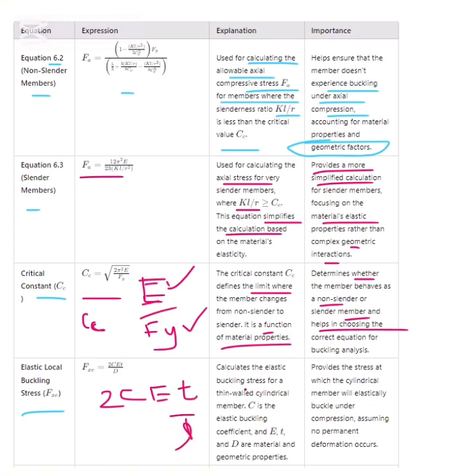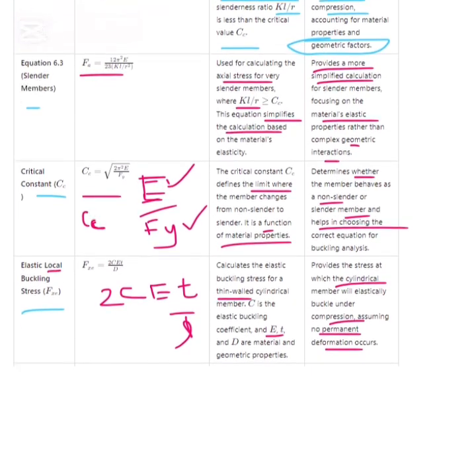Okay, calculate the elastic buckling stress for a thin-walled cylindrical member. This local buckling always happens for thin-walled cylindrical members only. Cc is the elastic buckling coefficient and depends on the material property and geometric properties. It provides the stress at which the cylindrical wall will elastically buckle under compression, assuming no permanent deformation occurs. Usually no permanent deformation occurs for elastic local buckling.